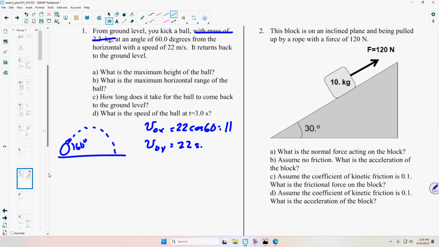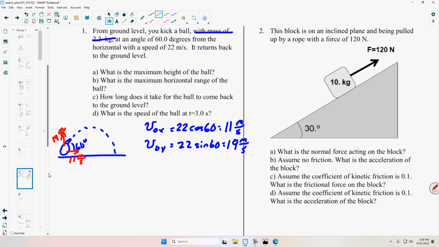And 22 sine of 60 is equal to 19. All right, so those are the components of the vector. This is 19 meters per second, and this is 11 meters per second. The components of the initial velocity vector.